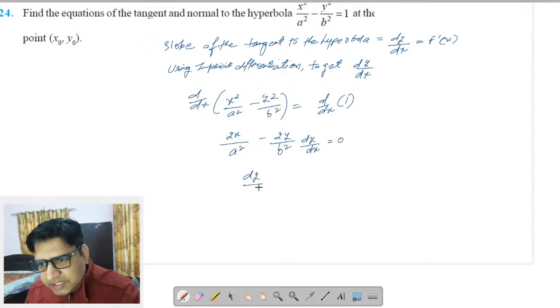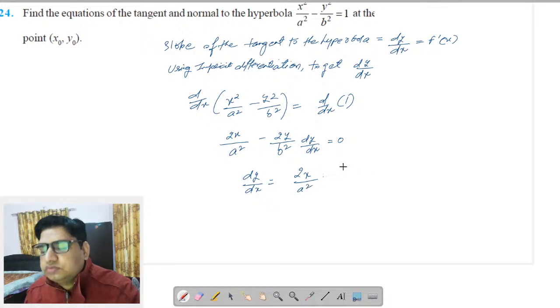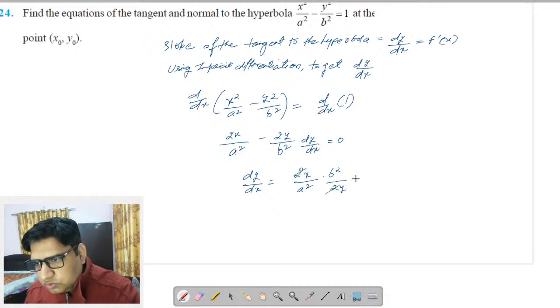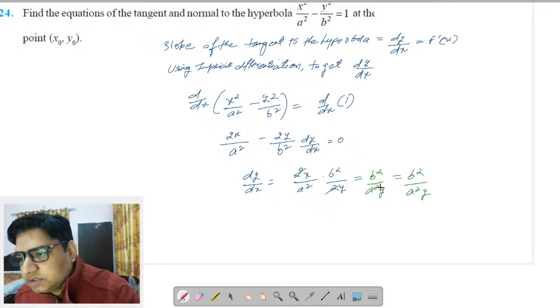So here dy by dx is equal to 2x upon a square into b square upon 2y. The 2 cancels, and that will be b square x upon a square y.